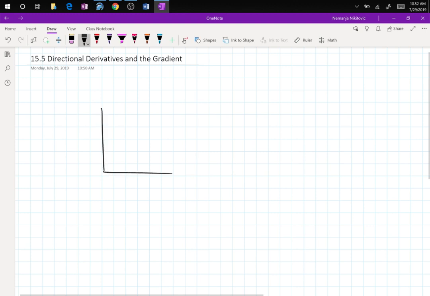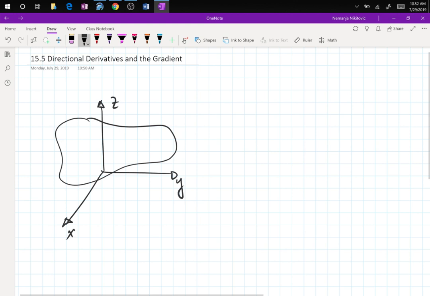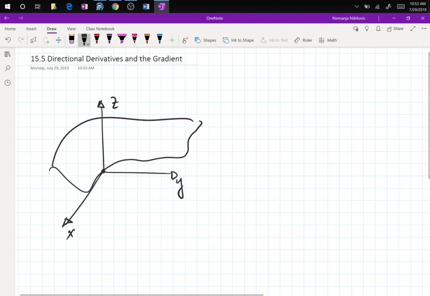So if you have some kind of surface in the x, y, z three-dimensional system, and you want to find the derivative at the point A, B. A, B has its x direction and its y direction.